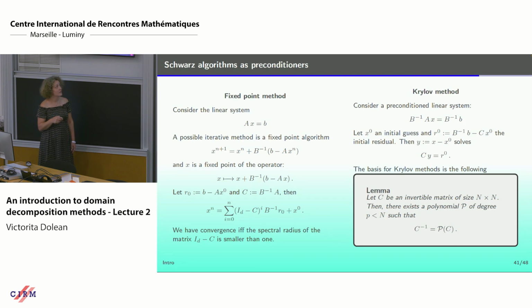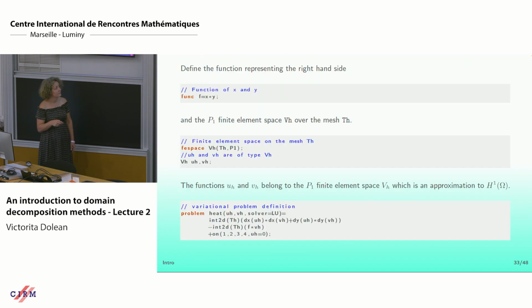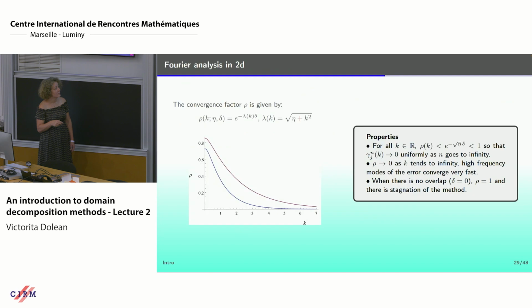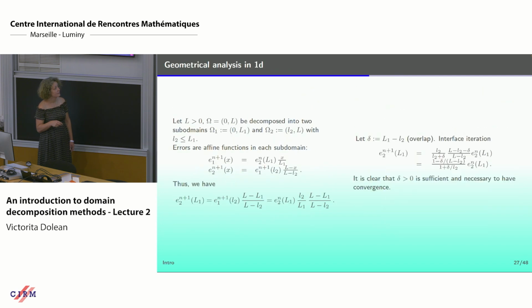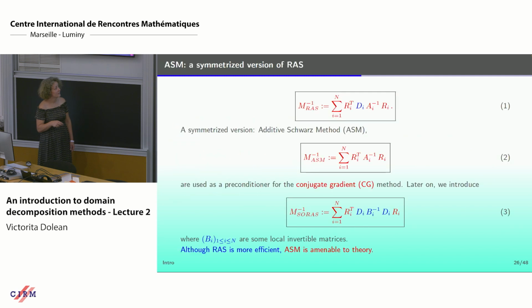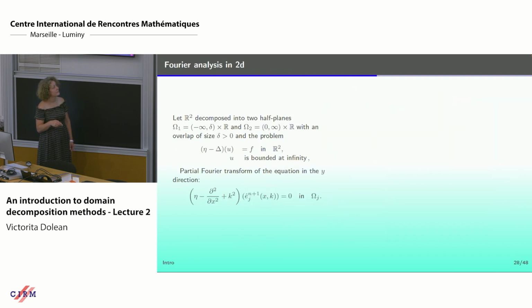So this is the residual, and this is the preconditioner. So instead of B, you can imagine it's the M^-1 RAS that is defined before. Sorry, I have too many slides, so going back is a bit tricky. Instead of B, you can imagine this kind of thing, or this one, and this comes from the domain decomposition.